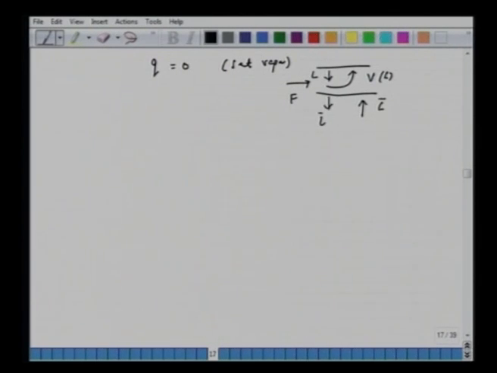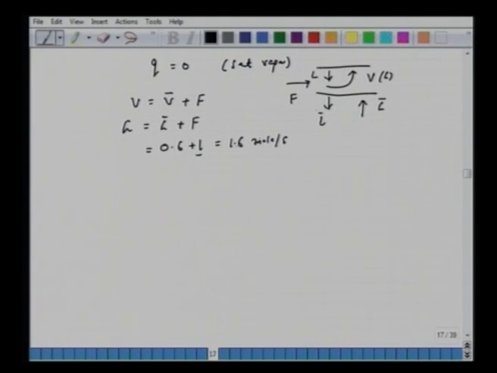So for saturated vapor, following the same nomenclature, we have G equal to G bar plus F. G bar is the reflux sent from the bottom column from the reboiler, which is 0.6, and we have 1 as the feed basis, so we have 1.6 moles per second.